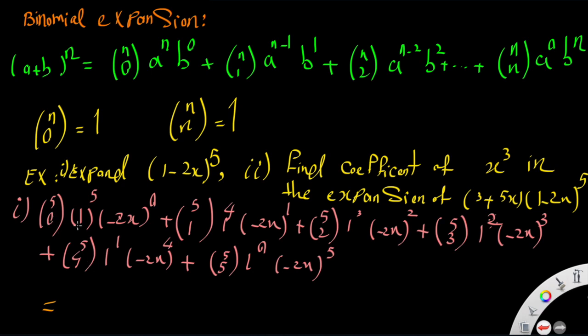Combination of 0 and 5 is 1, so it would be 1 times 1, and here is 1, so overall you have 1. Plus, here actually it will be minus because of that negative.